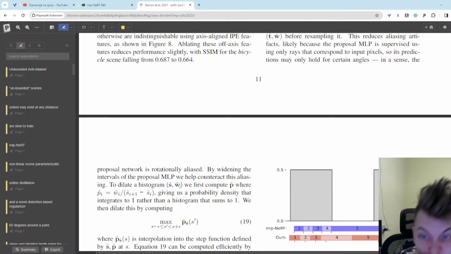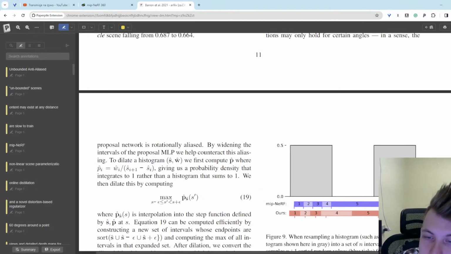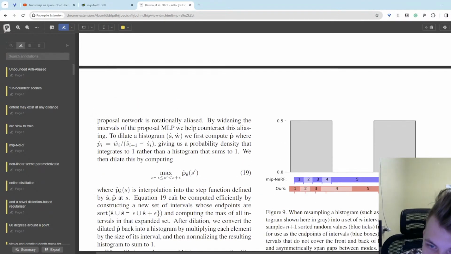To dilate histogram (s, w), we first compute p, where p_i hat is w_i over (s_{i+1} minus s_i), giving us a probability density that integrates to 1 rather than a histogram that sums up to 1. We then dilate by computing some complicated expression, where p(s) is interpolation into a step function defined by s, p.